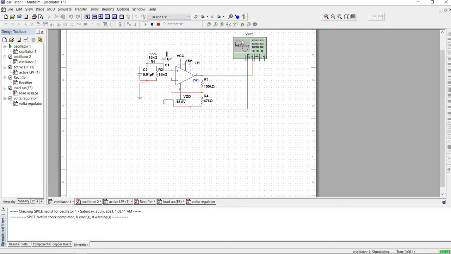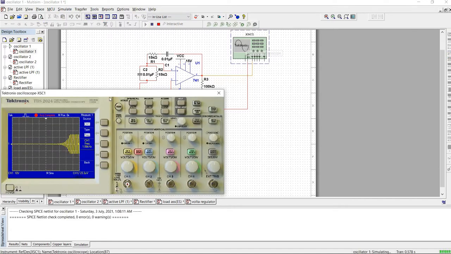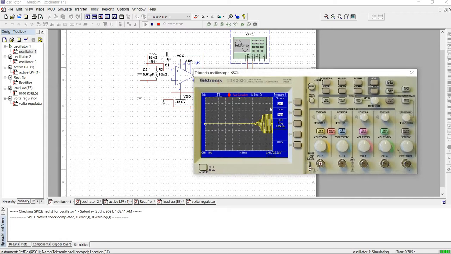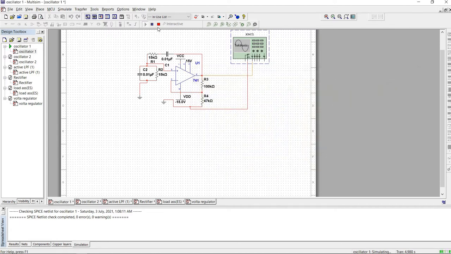So as I run my circuit, my frequency for the first circuit is 1.0 kilohertz, plus minus the value assigned as 1 kilohertz. So continuously.